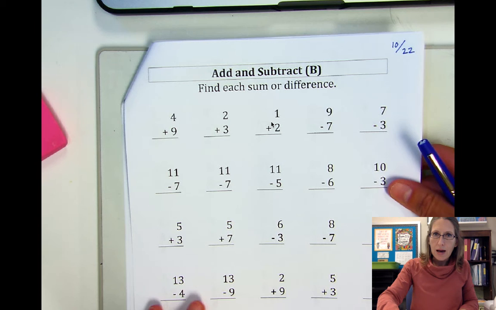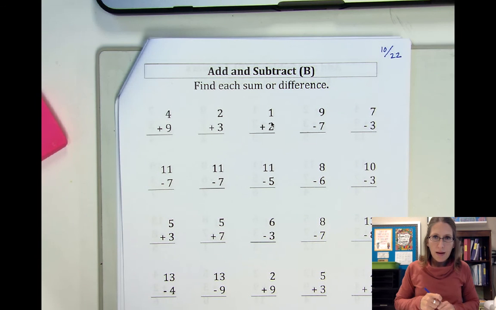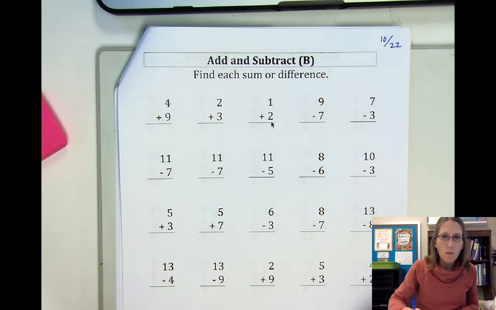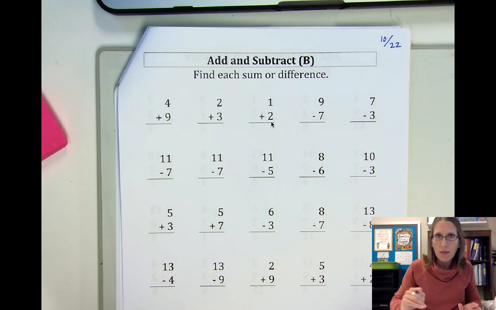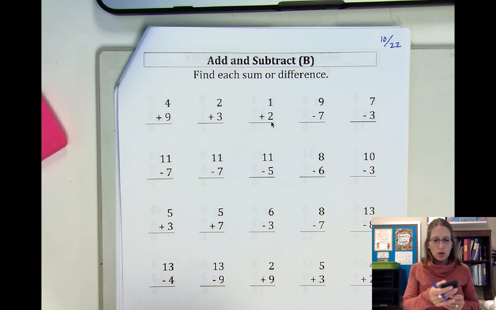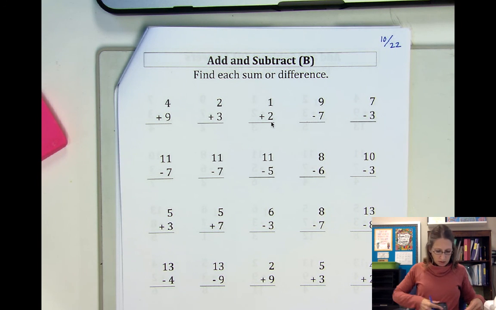Today is October 22nd, so I've been writing the date up there. Remember that each day we're going to do one page in our fact practice packet, and this should take us maybe 1 minute, maybe 2 minutes, maybe 30 seconds. Remember, it's a good idea to see if you can time yourself. So maybe Miss Taylor will time herself.